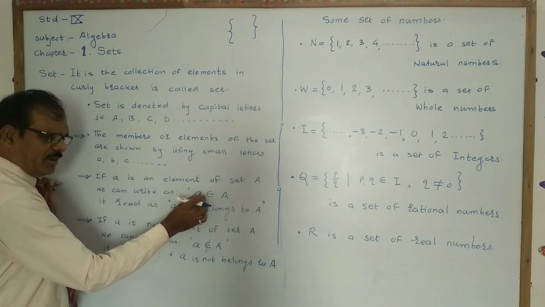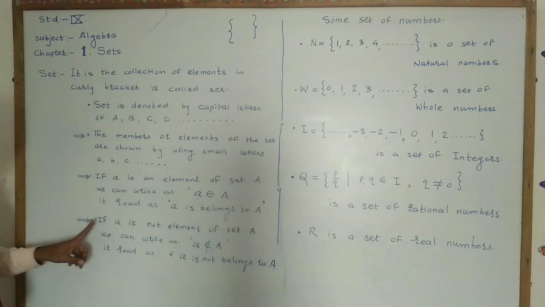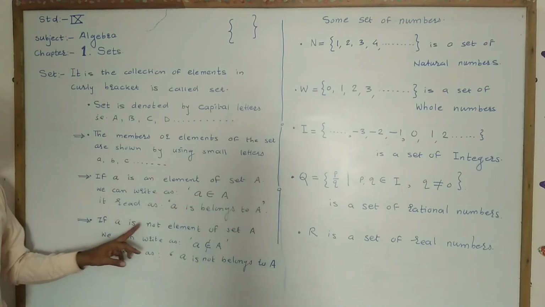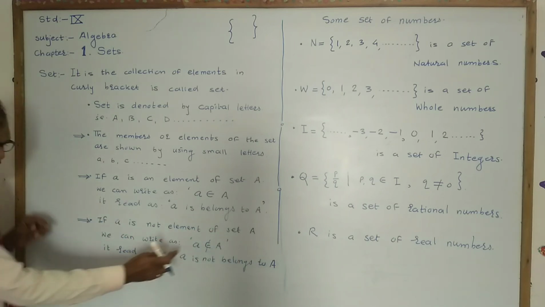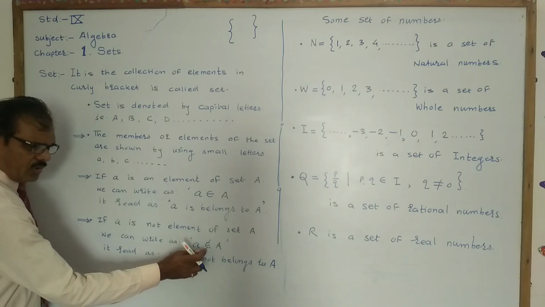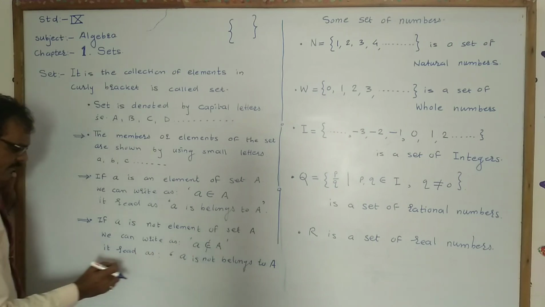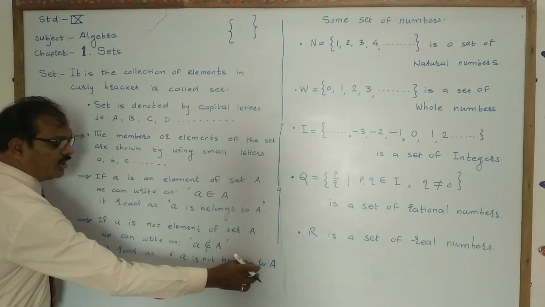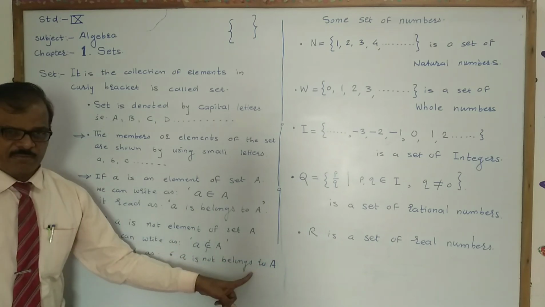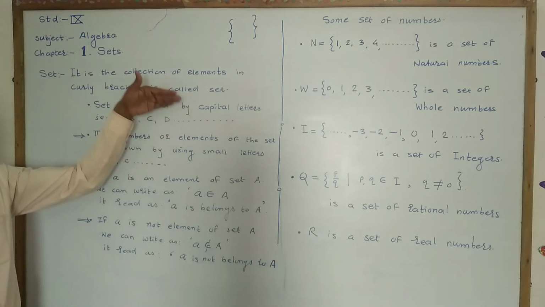Similarly, if a is not an element of set A, we write a does not belong to A, and read it as a is not belonging to A. So these are the basics related to sets.